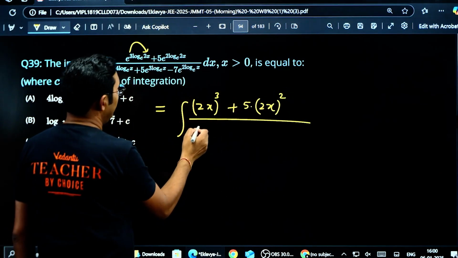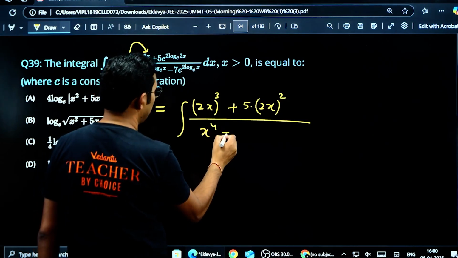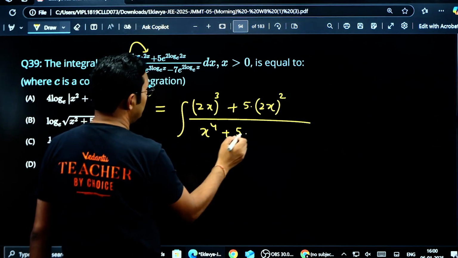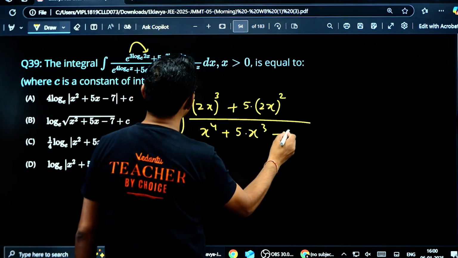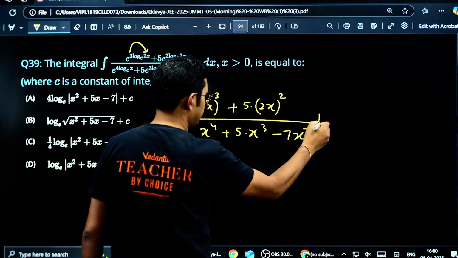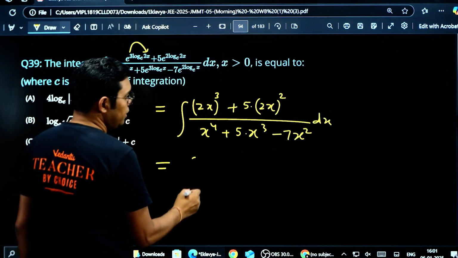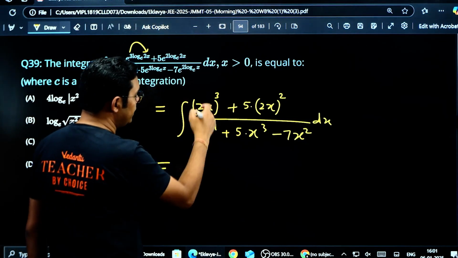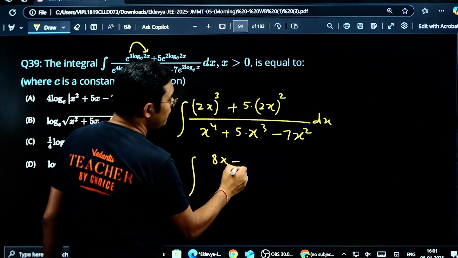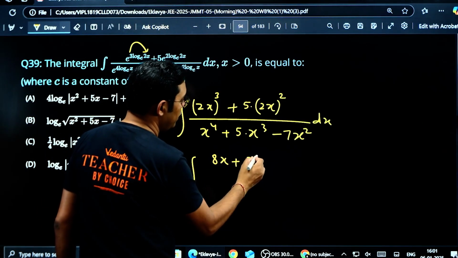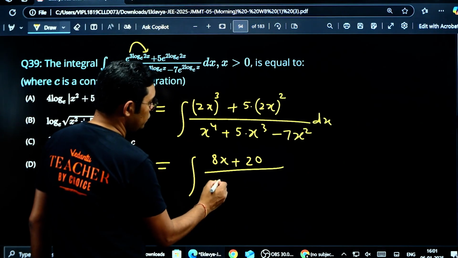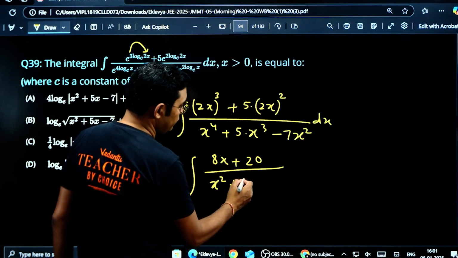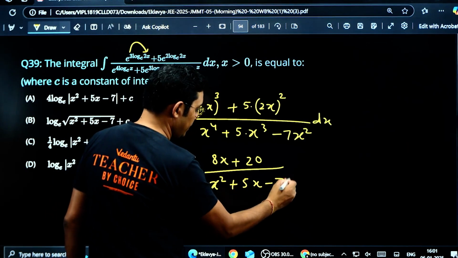In the denominator, it will be x raised to the power 4 plus 5 into x cube minus 7 into x square dx. Now we can divide by x square in numerator and denominator. This will be 8x only. This will be, I think, 20. And here it will be x square plus 5x minus 7.